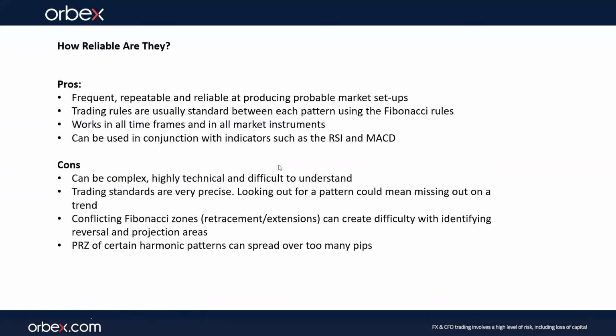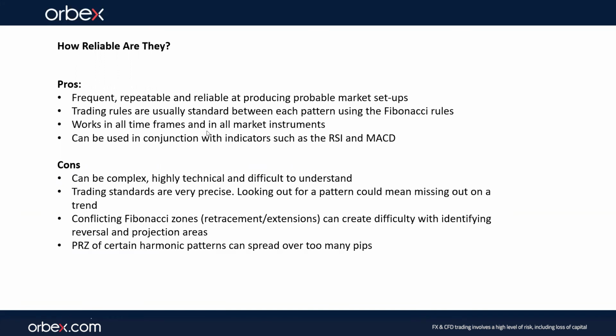So how reliable are they? As we come to the end of the presentation, I just want to let you know a few pros and cons for the patterns as well. So the pros are they are frequent, they are repeatable and reliable at producing probable Fibonacci setups. Trading rules are usually standard between each pattern using the Fibonacci rules. They're easy to segregate, each pattern.